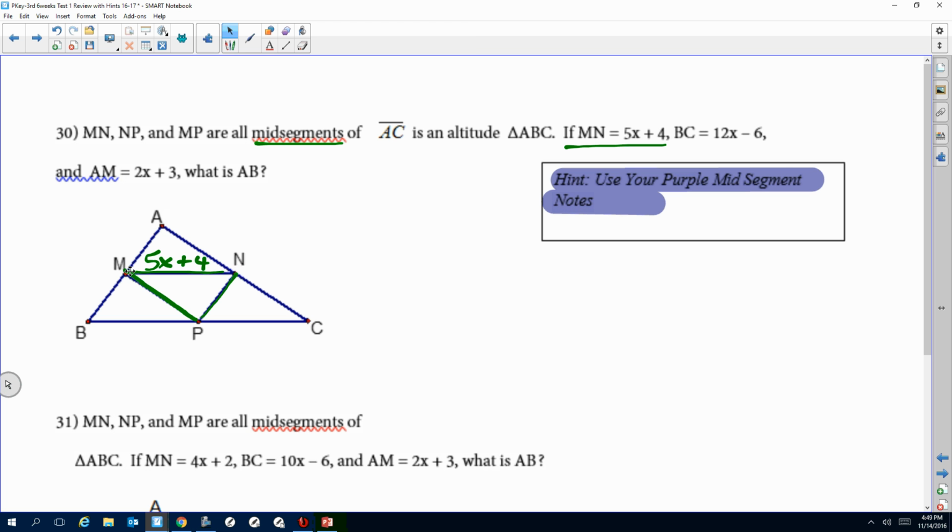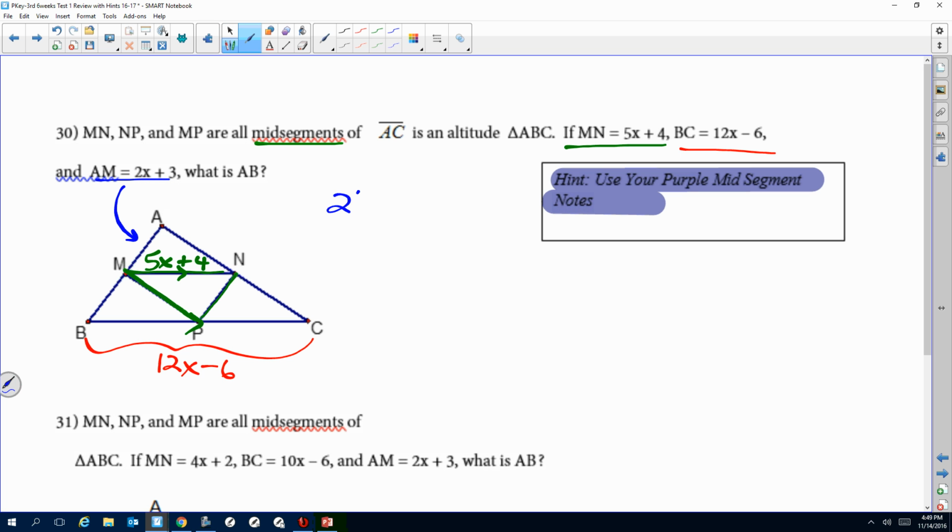And BC is 12x minus 6. BC is this whole segment here. And AM, which is our segment right here, is 2x plus 3. Find AB. Well, because MN is the mid-segment and it's parallel to BC, MN, the mid-segment, is always double.